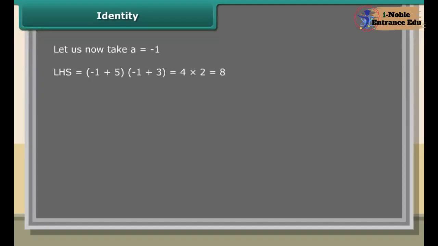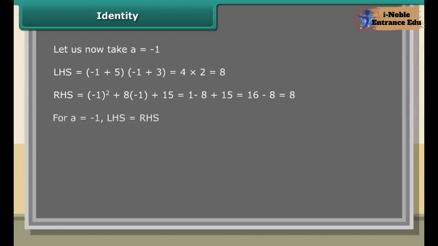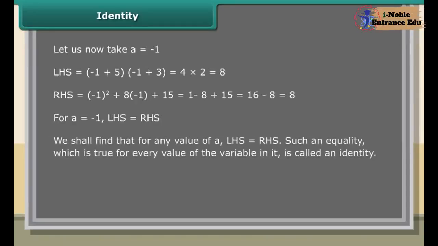For a equal to 10, LHS is (10 + 5)(10 + 3) = 15 × 13 = 195. RHS is a² + 8a + 15 = 10² + 80 + 15 = 195. The values of the two sides of the equality are equal for a equal to 10.